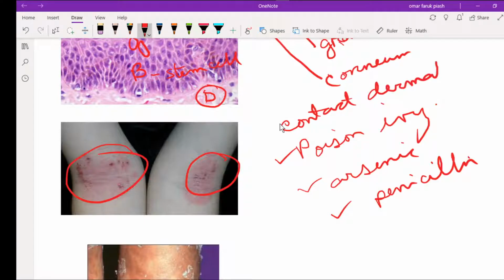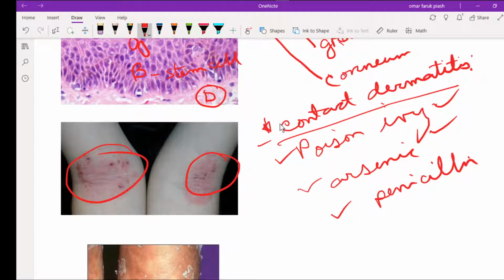So history is more important for diagnosing a disease. If you get a baby 2 years old with a history of asthma or hay fever, it might be atopic dermatitis. But with a history of contact, with poison ivy, arsenic, or a nickel watch, in that case you have to think about contact dermatitis.